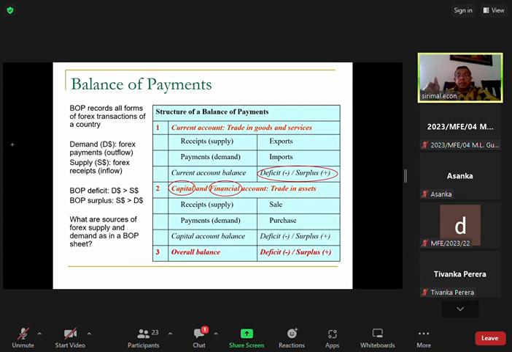So inbound FDI and outbound FDI. I said there are two kinds of financial accounts. The first one, FDI. So when we receive FDI, it is a source of supply. In that case, we sell our assets.